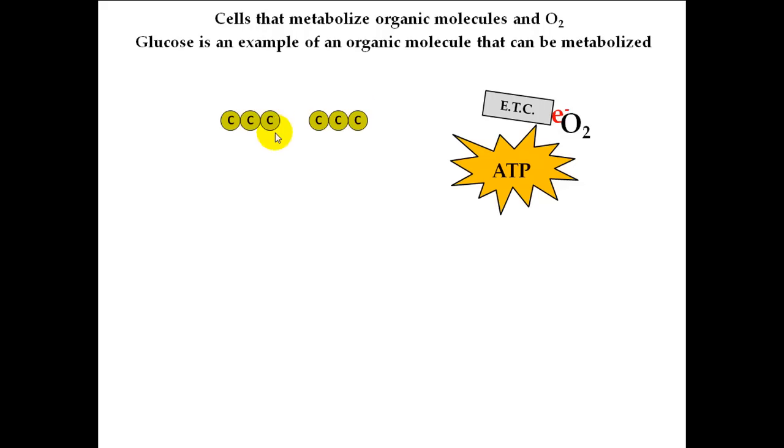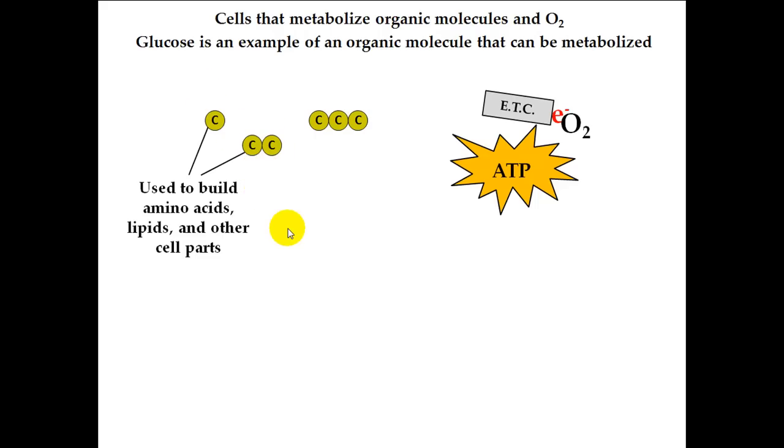If you take a look at the leftovers here, this glucose is getting broken apart. Another reason why a cell would want to break down glucose is so that it can get electrons out of it, and also to break it down a little bit more so that you get these carbon building blocks that can be used to build the major structures inside of a cell. So again, what we're saying here is that glucose is valuable for 2 different reasons.